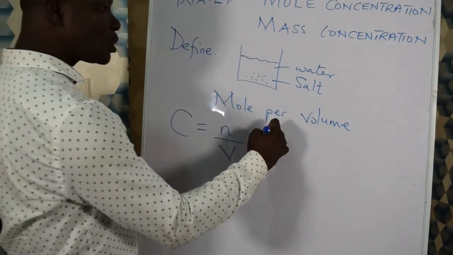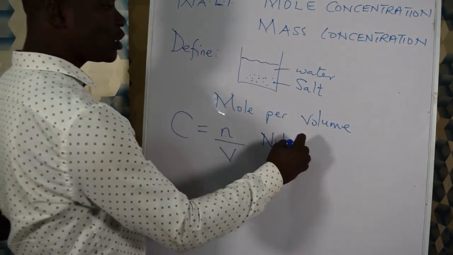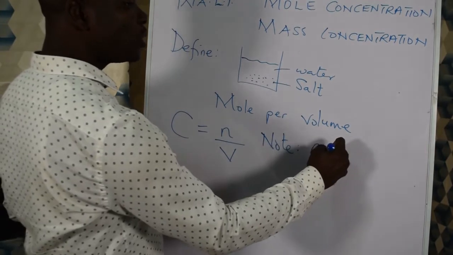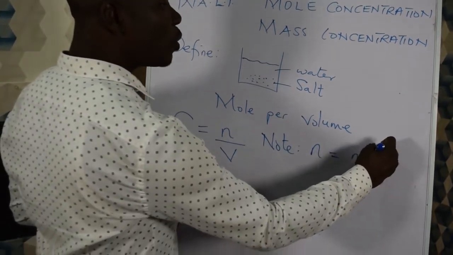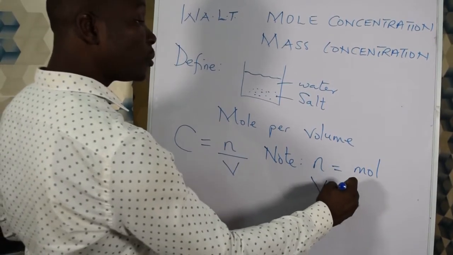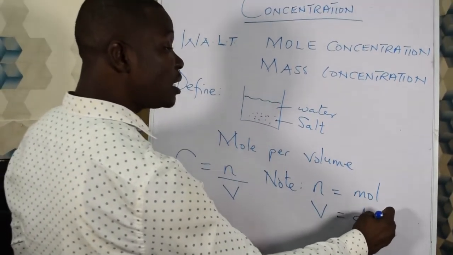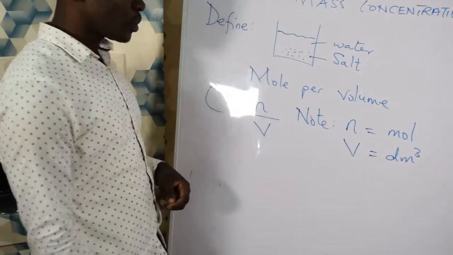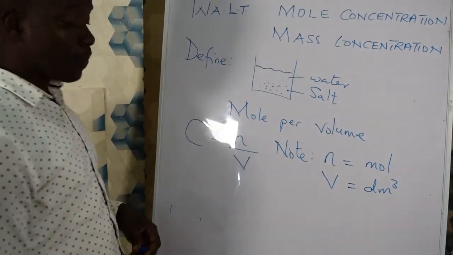Now we need to note, we cannot learn in isolation. The unit for mole is mol, and the unit for volume is dm cube.